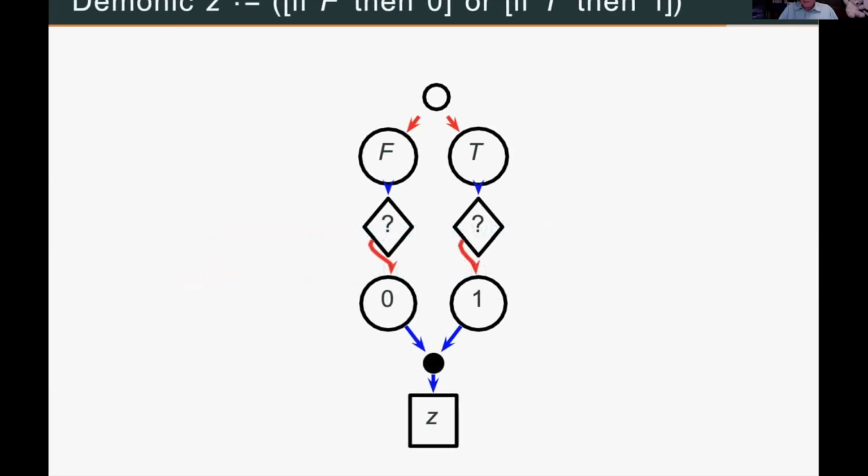So here's an example of demonic. If f is true, then assign 0 to z. If false is true, then assign 0 to z, and that's never going to work. And if t is true, which it always is, then you assign the value of 1 to z. Demonic may make you choose the wrong one, and then you go to the impossible branch of if f and 0, and then you're stuck.